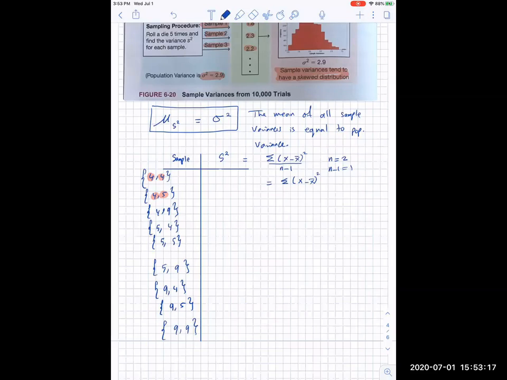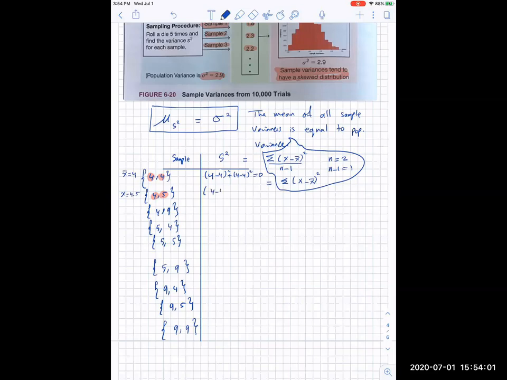Okay, so let's say I want to calculate the variance of the first sample. First value is 4, subtract the mean, which is also 4, second value is 4 minus 4, square the differences, I get 0. If I do the second variance, what is the average here? 4.5.